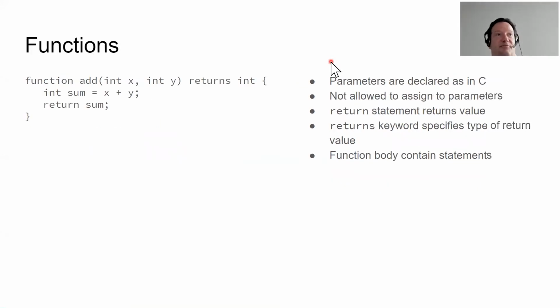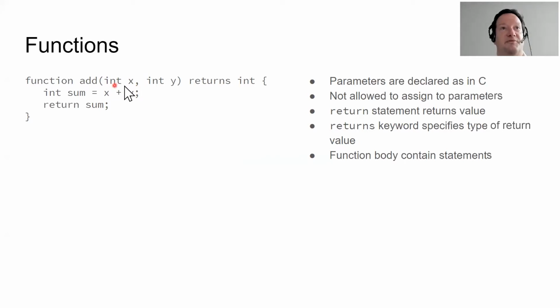Okay, so functions. We've seen one function. Here's another function. This function has parameters. Here we are defining two parameters, and we're giving the type of the parameters, which are int in this case, and it's returning an int. The parameter syntax is just like C or C++.